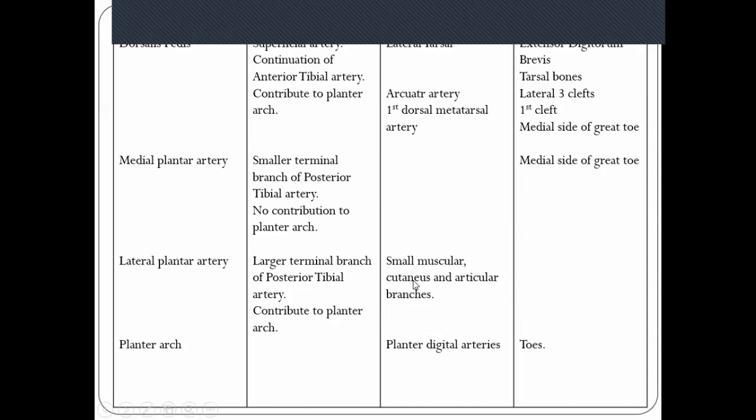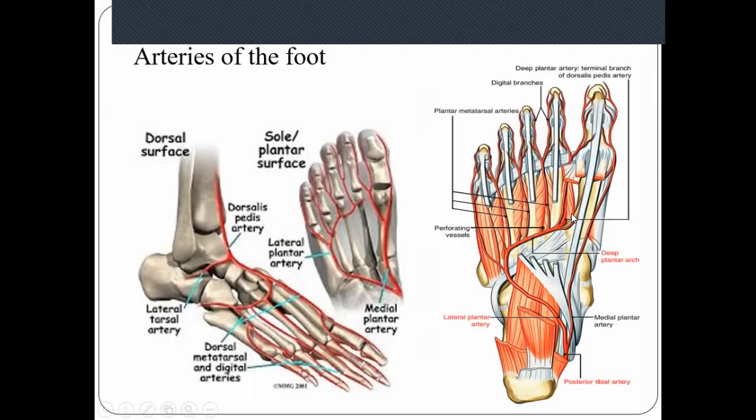Here, the terminal branch of the dorsalis pedis artery emerges from the first cleft into the sole and it joins the lateral plantar artery here and forms the plantar arch.